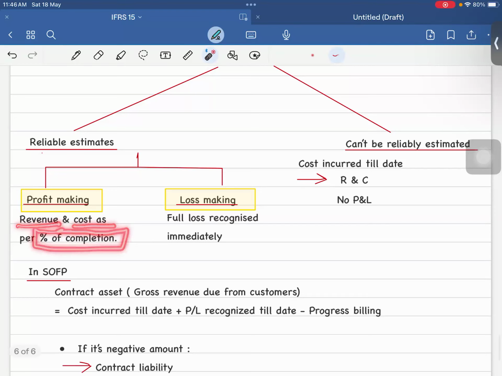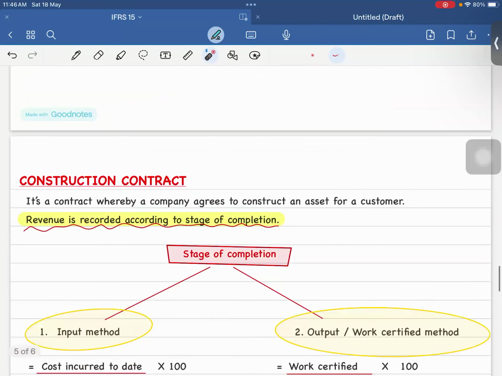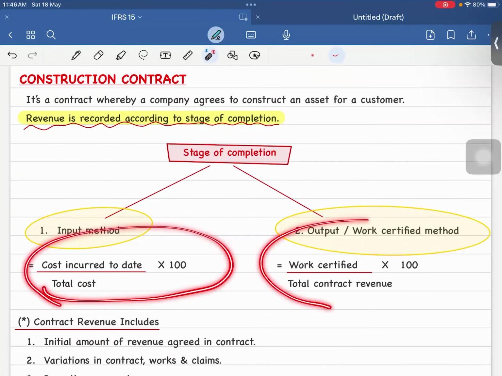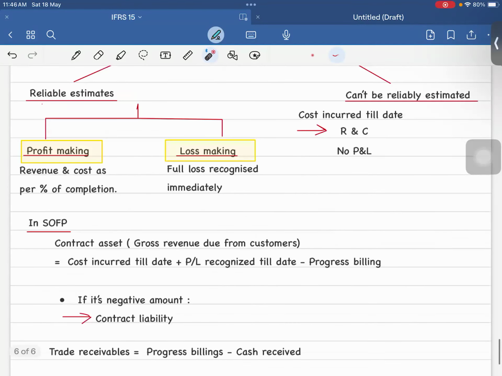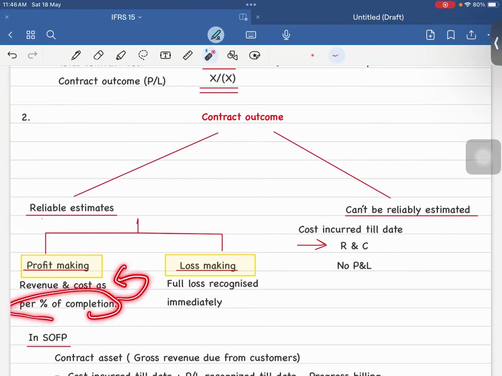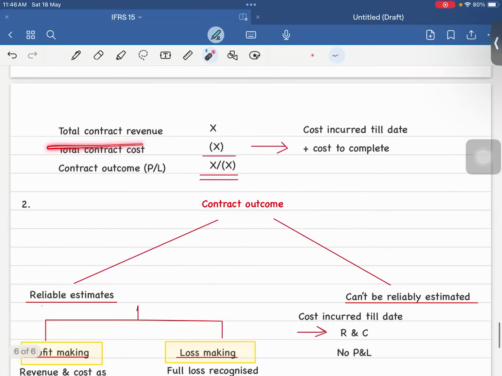That means you apply this particular formula, find the amount of completion, and apply that to the revenue and to the contract cost, and then the contract outcome would be found.